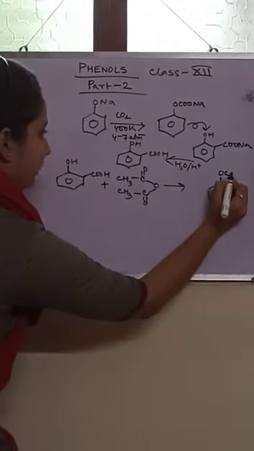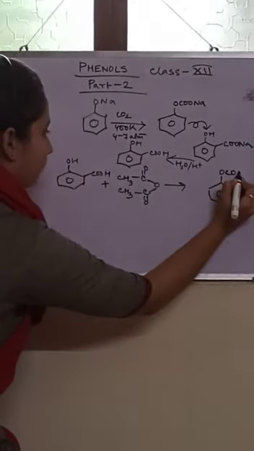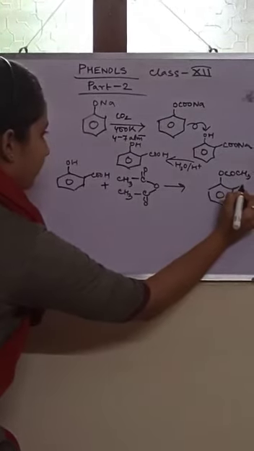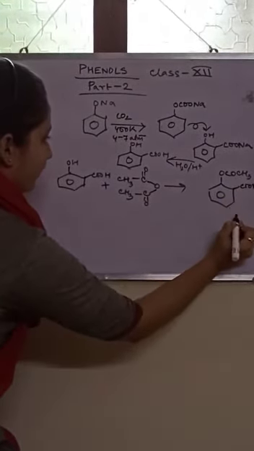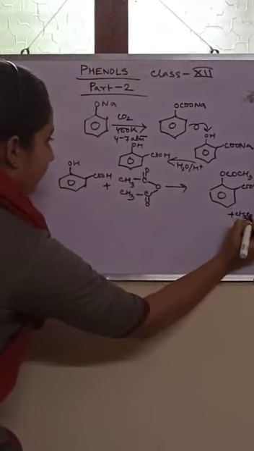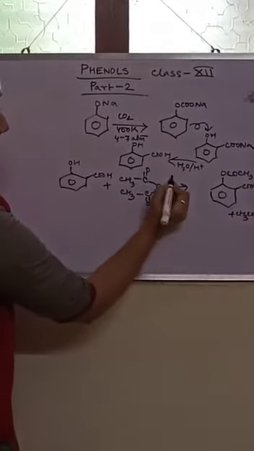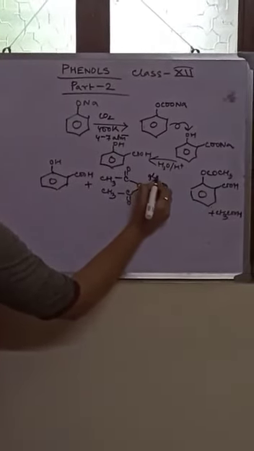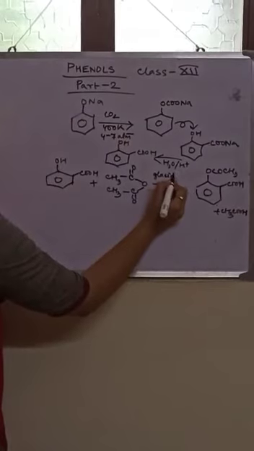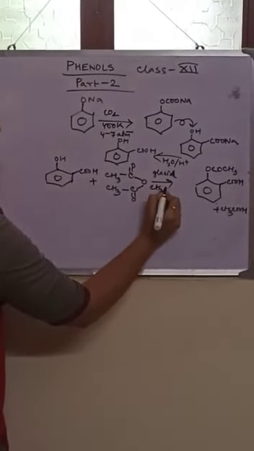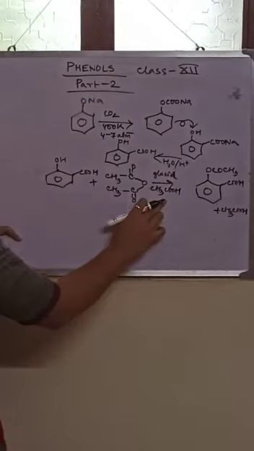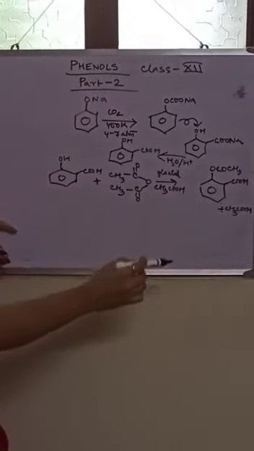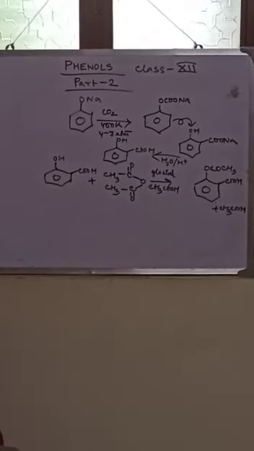This product is known as aspirin. Okay, but this acetylation should occur in presence of glacial acetic acid. This is an important point. This reaction should occur in presence of glacial acetic acid. Then only we will get aspirin as the product.